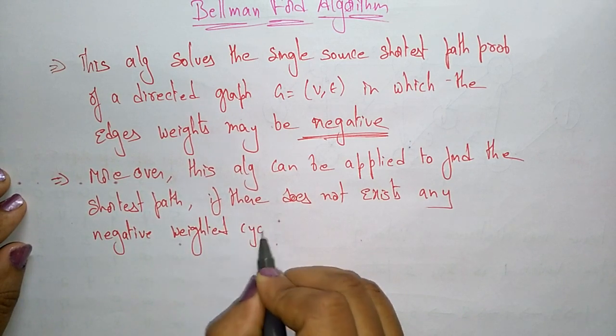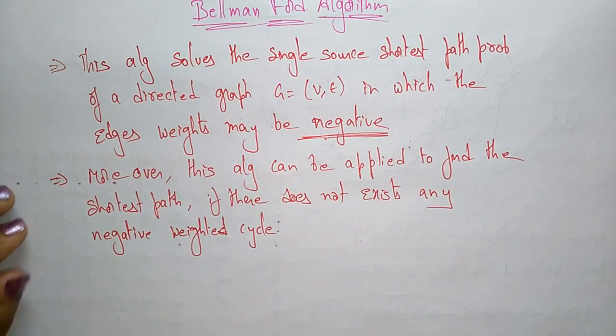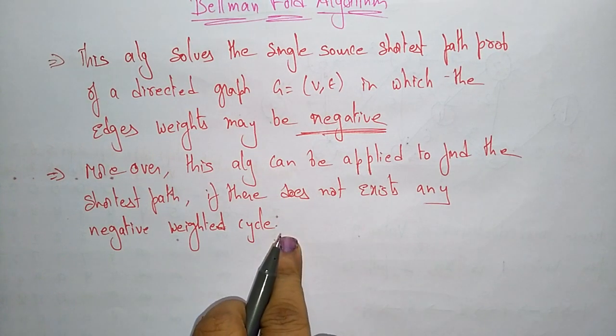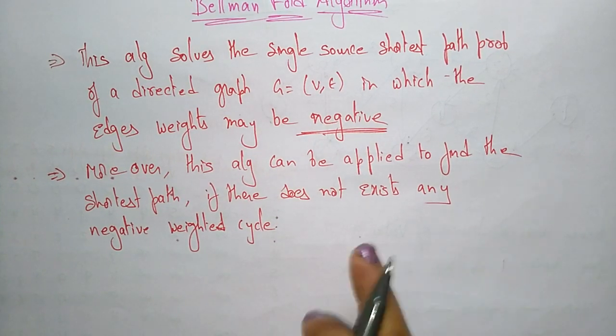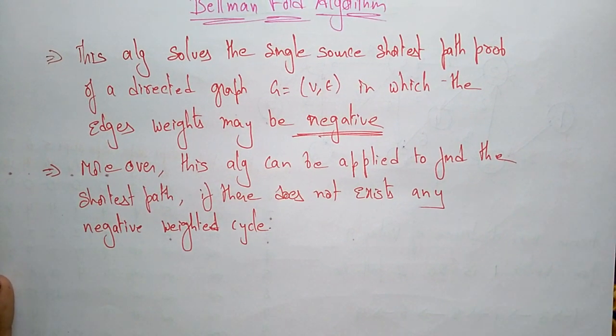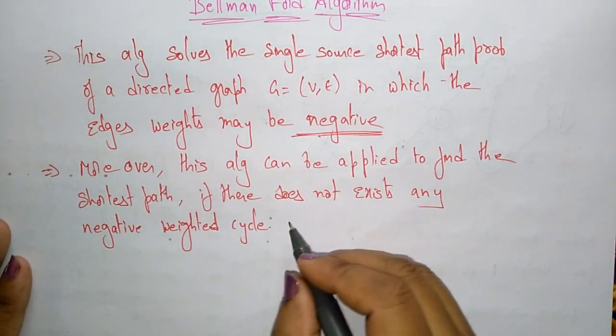So it can also take non-negative values, provided no negative weighted cycles exist. Negative values can be accepted, but a negative weighted cycle cannot be accepted in the Bellman-Ford algorithm. So let me write the algorithm for this Bellman-Ford.